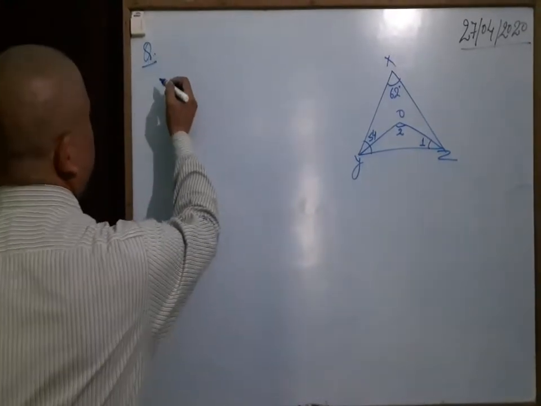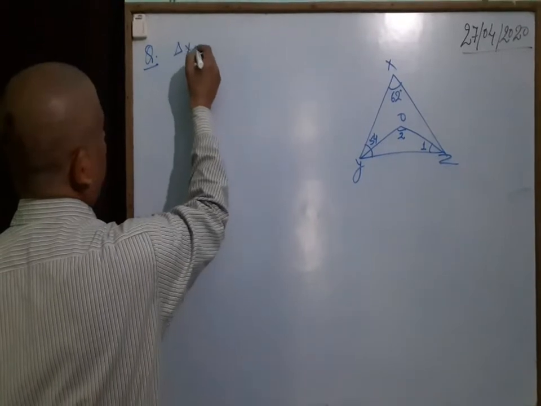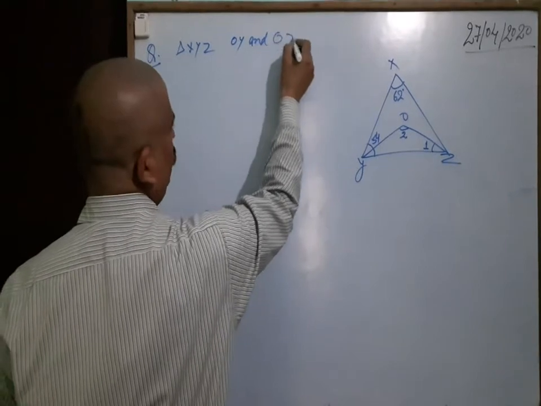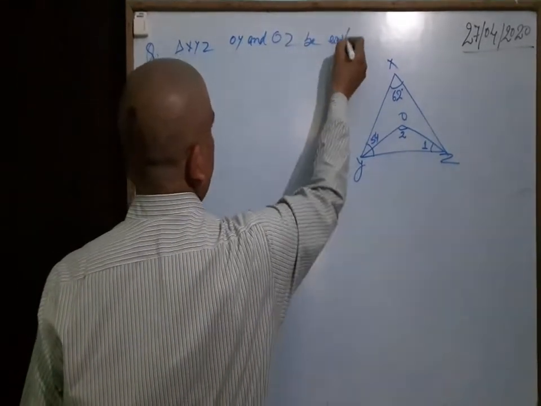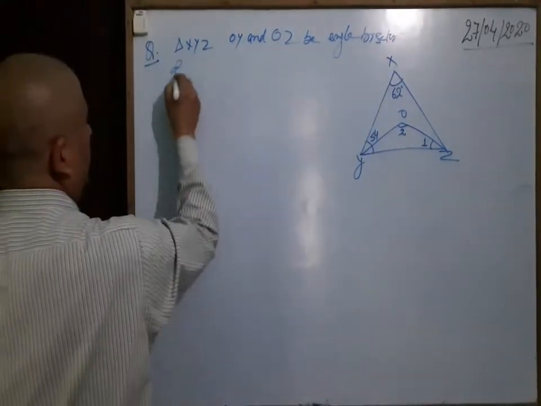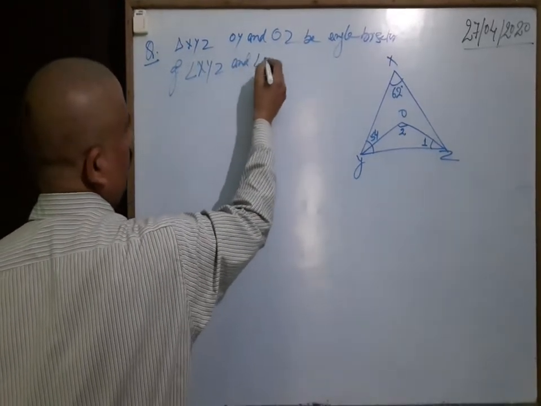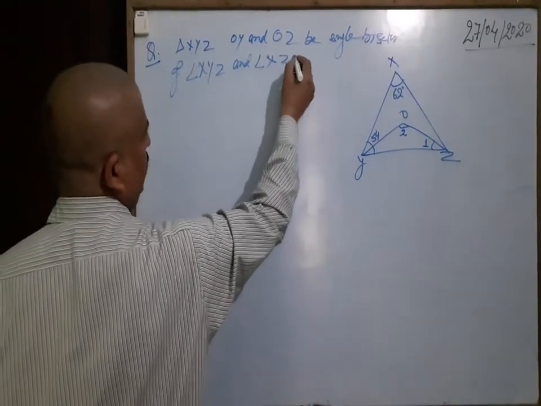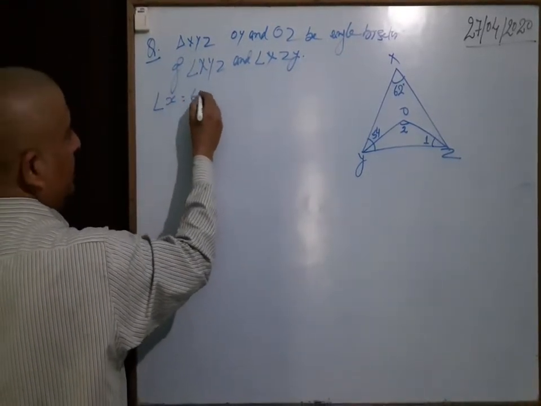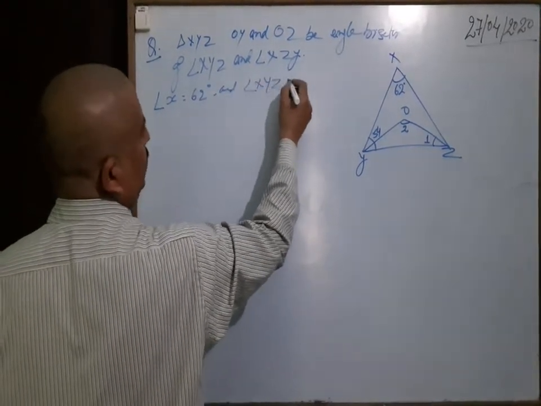Next question: XYZ is a triangle, and OY and OZ are the angle bisectors of angle XYZ and angle XZY, where angle X equals 62 degrees and angle XYZ is equal to 54 degrees.